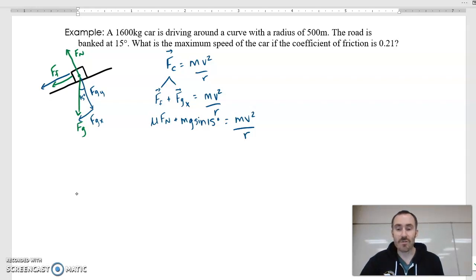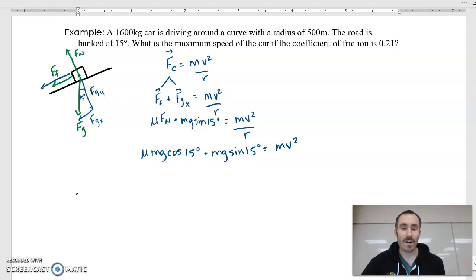Okay, so here we go. Here's our new formula. Well, how about this? I'm going to expand the normal force into its formula as well, and then we'll do all of that. So here's the coefficient times mg cosine 15 degrees plus mg sine 15 degrees equals mv squared over r.